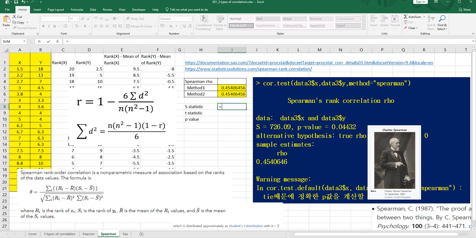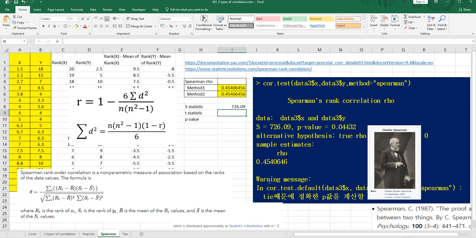There are 20 observations, so 20 multiplied by 20 squared minus 1, multiplied by 1 minus R, and over 6.